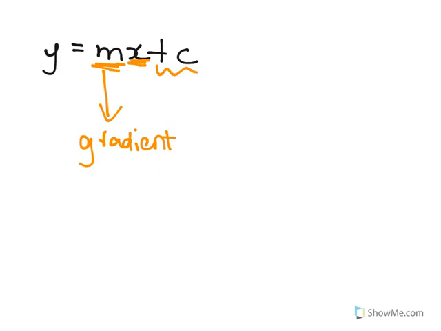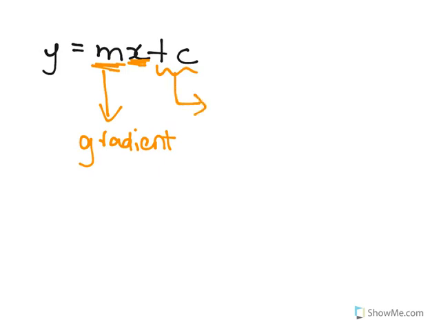So for example, if m is 2, that means that your rise to run ratio will be 2. For every unit that you increase your input, your output goes up by 2, etc. And if your gradient is negative a fifth, for example, then for every 5 units that you run, you're going to rise a unit downwards, etc. So this m is the gradient of your line, basically.